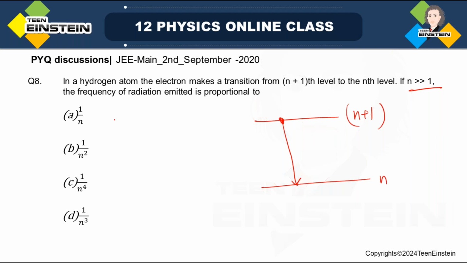We know the energy is actually E0 by n square, where E0 is 13.6 eV for the hydrogen atom. Now when this transition is happening, what is the frequency of radiation emitted proportional to? So E is equal to h nu, right?